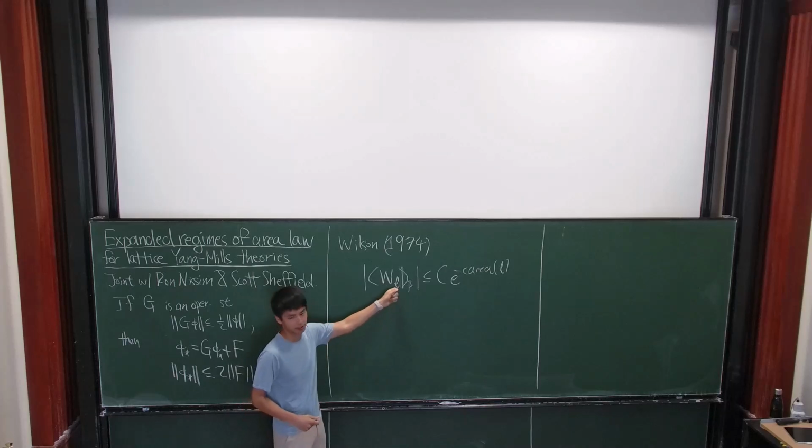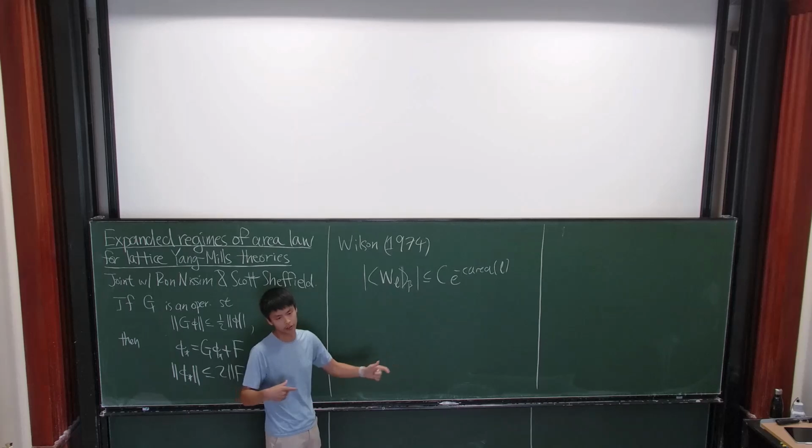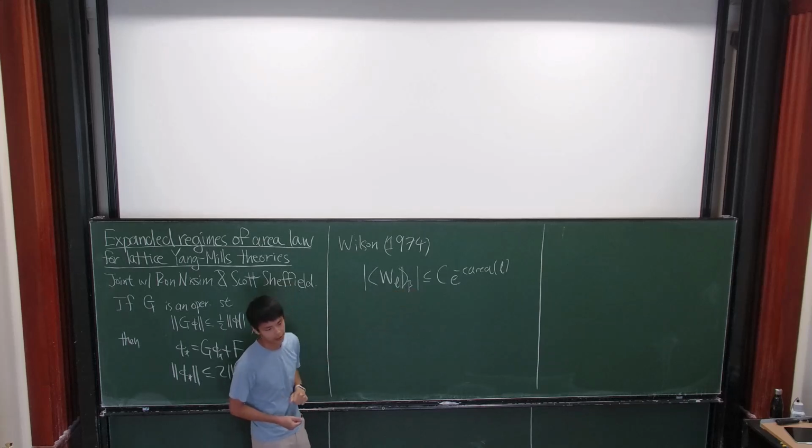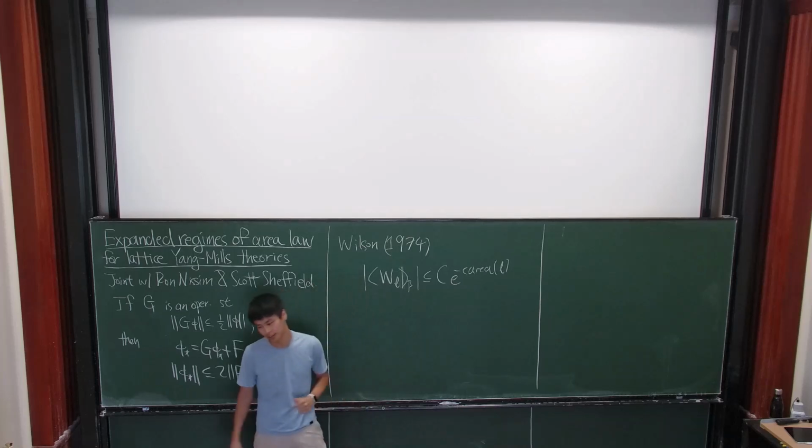So this L you should just take as a rectangular loop. And you think of this loop, both side lengths are going off to infinity, and you want to say the Wilson loop expectation decays very, very rapidly, like e to the minus area. So here, of course, the constants could depend on your beta, but I'm not denoting that.